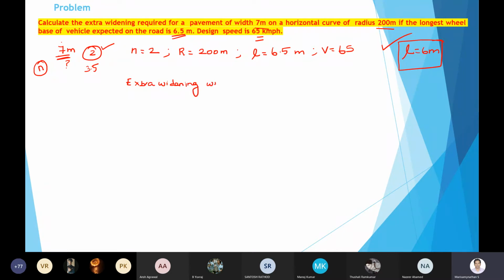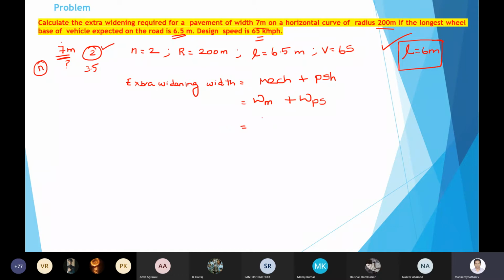Extra widening width is considered as mechanical widening plus psychological widening, right? So mechanical widening is Wm plus psychological widening, which we have denoted as Wps.